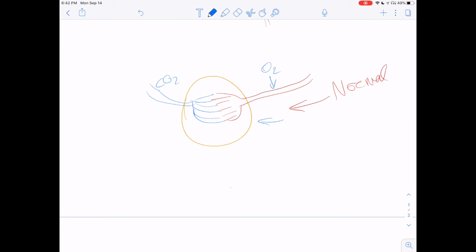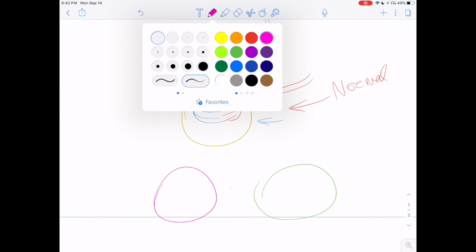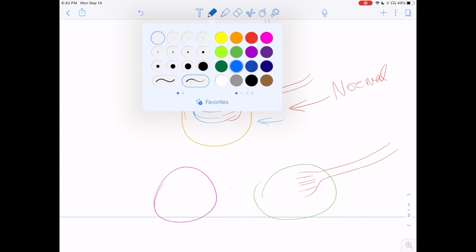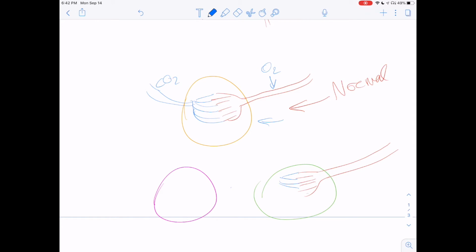So let's say now you have another system. We call it green. Pink, green, pink organs. What happens is the oxygenated blood comes in, but the deoxygenated blood goes to another organ and then goes out, right?